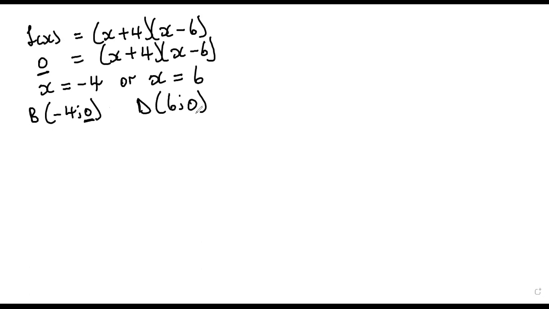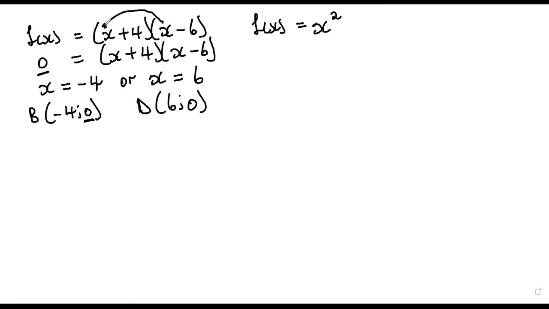Fine. Now the second question says, write down the coordinates of C. And we know that C is the turning point, right? So we can do it in many ways. But now the first thing I want us to do is to expand this function. So we use the FOIL method for that. So we say x times x, we get x squared.